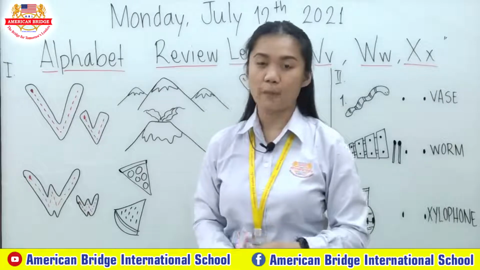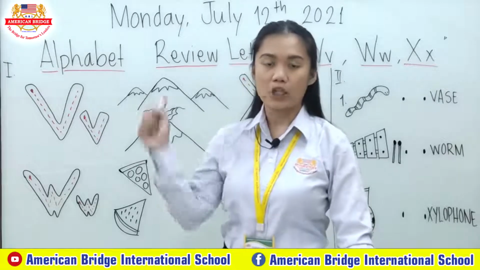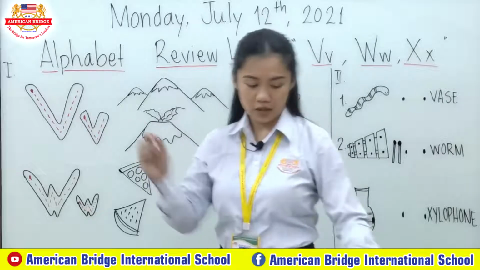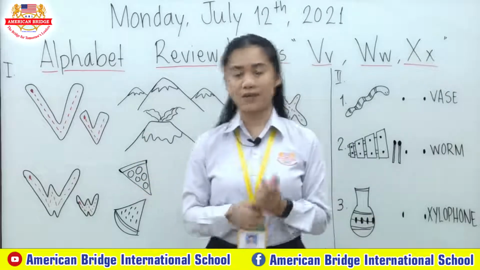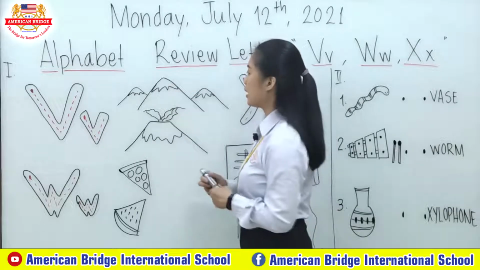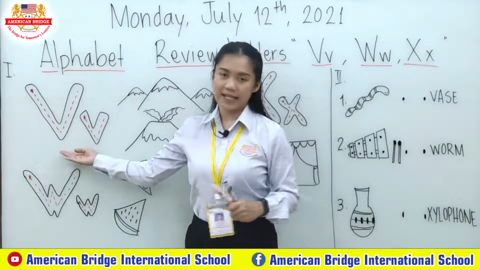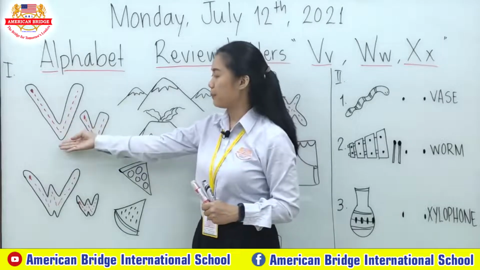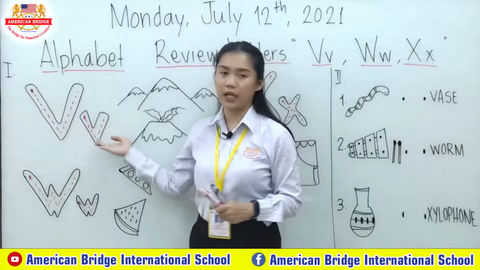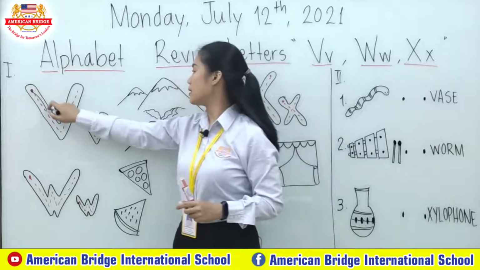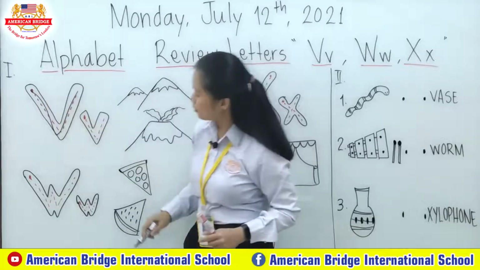So take out your pencil and eraser and also your crayons or colored pencil. But teacher, we're going to use, as usual, my marker pens. So let's start, everyone. This is letter V. And we have capital V and the small letter V. So let's trace 1, 2.